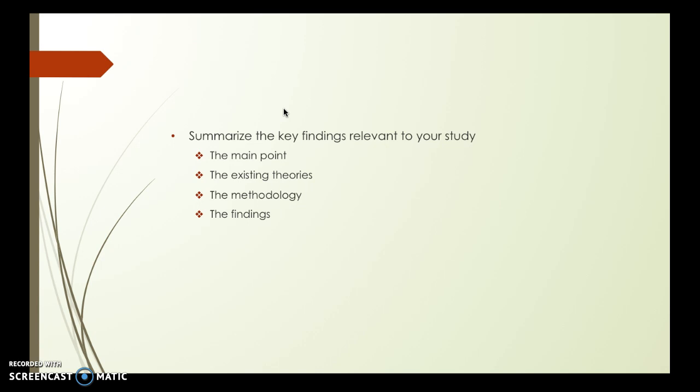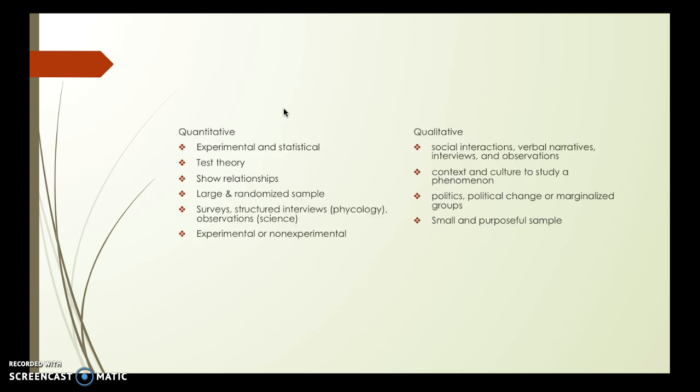Next, summarize the key findings relevant to your study, which includes the main point, the existing theories, the methodology, and the findings. Here we will talk about the qualitative and the quantitative. What's their difference? The quantitative talks about the experimental and statistical, tests theory, and mainly shows relationships.